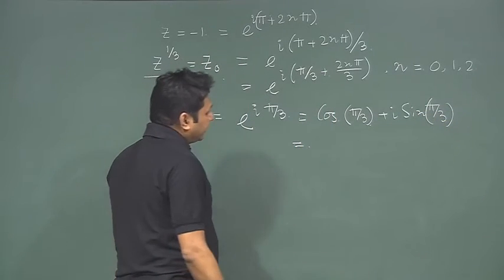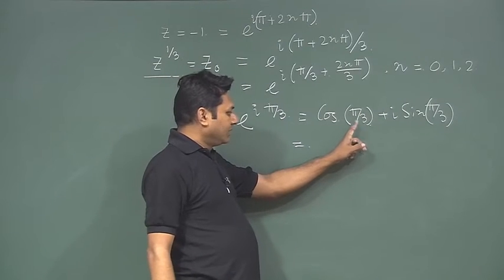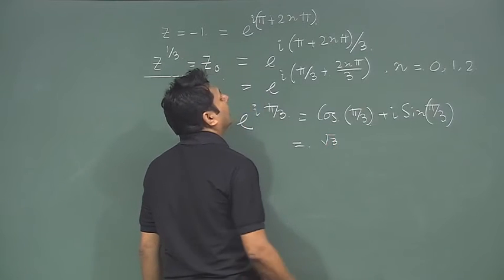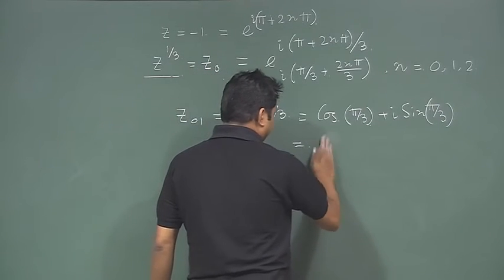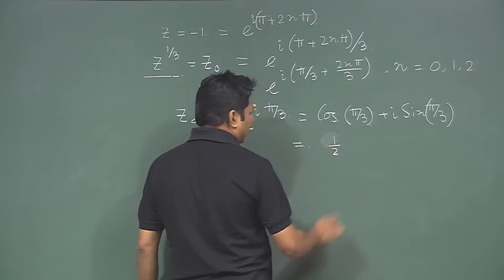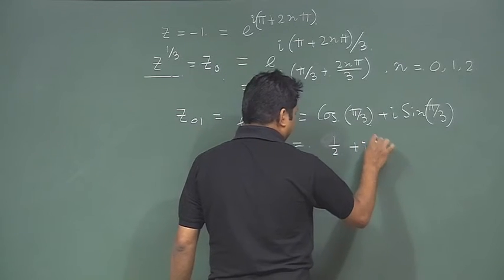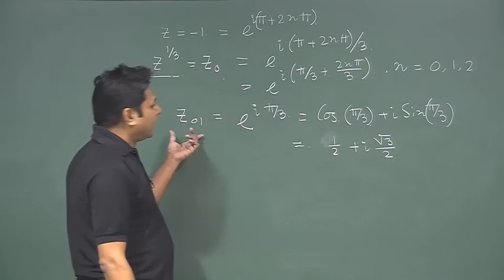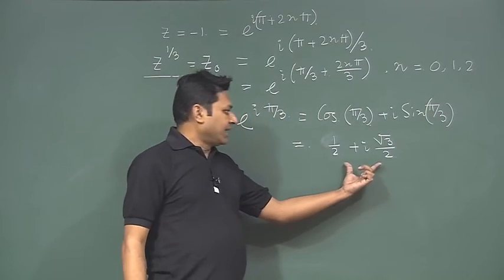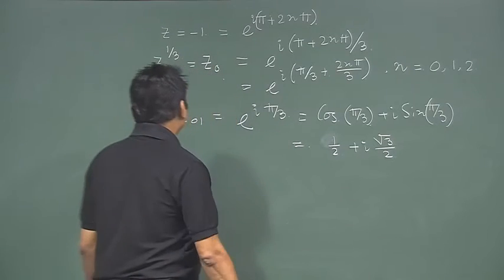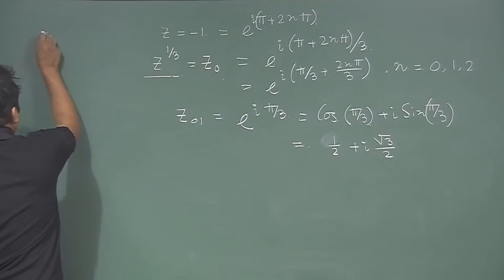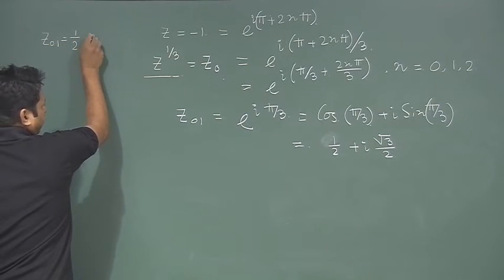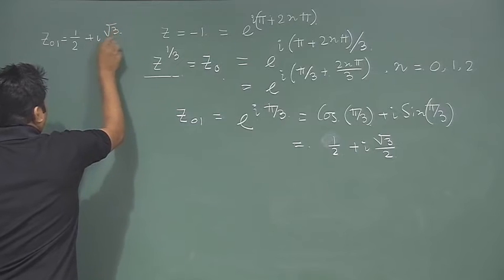Cos pi by 3, that means cos 60 degree, is half, and plus I root 3 by 2. So, first root I calculate and I have this one. If I write here, my z01 is half plus I root 3 by 2.